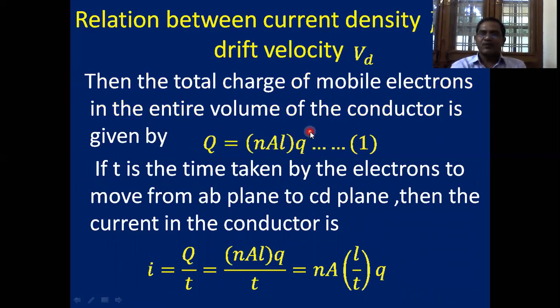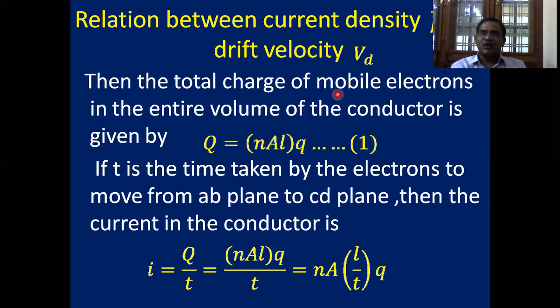Now, if small n is the number of electrons per unit volume, that is the electron density or concentration of electrons, the number of charge carriers per unit volume is nothing but the concentration or charge density. Here we consider a metallic conductor, where the charge carriers are electrons, so the number of electrons per unit volume is small n.